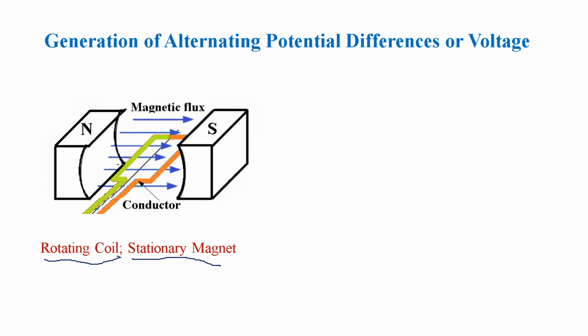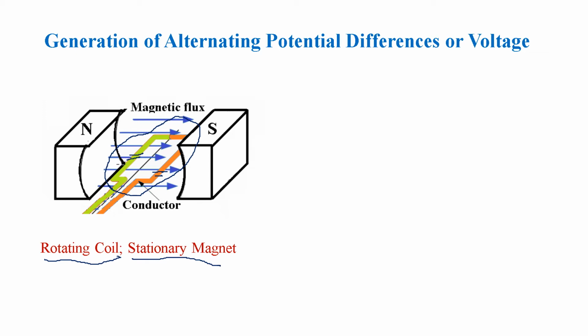This is the permanent magnet which produces steady flux, a stationary magnet with a rotating coil. The rectangular portion represents the rotating coil, and these two sides represent the conductors of this coil. Now when this coil is rotating inside this steady magnetic flux, an EMF is induced in the conductor.